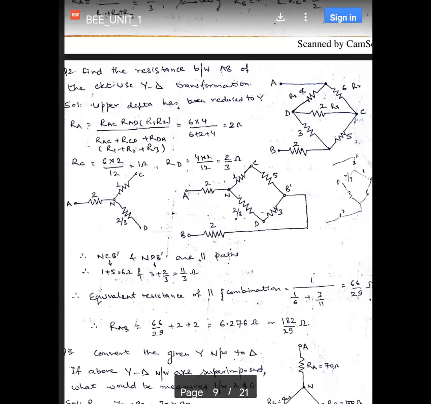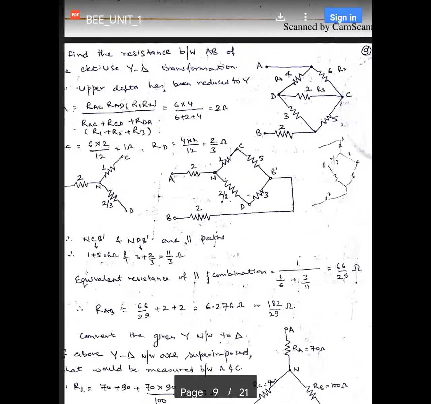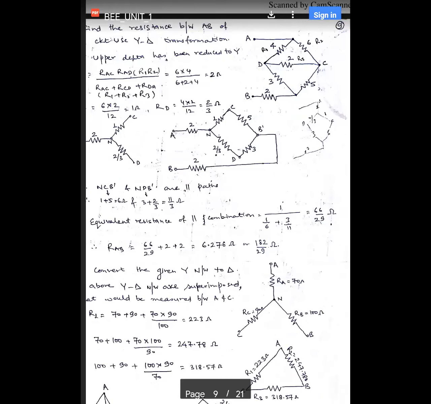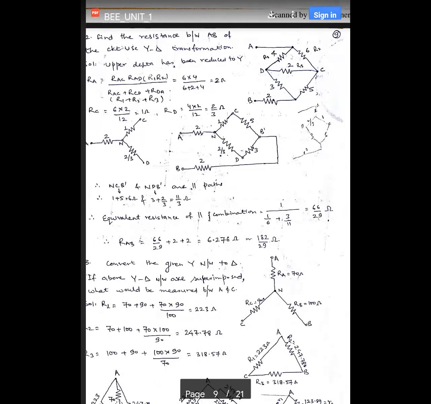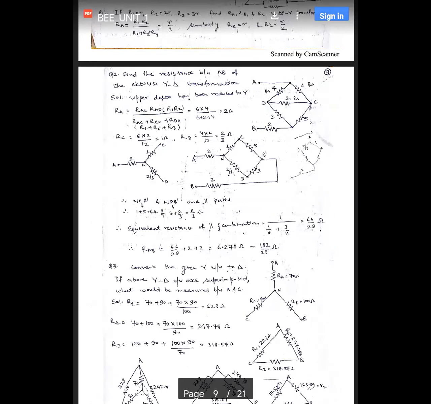Now you can see that A node is given and CD is given. So effectively, this A node, if we write here or here, it is all the same because there is no resistance in between.